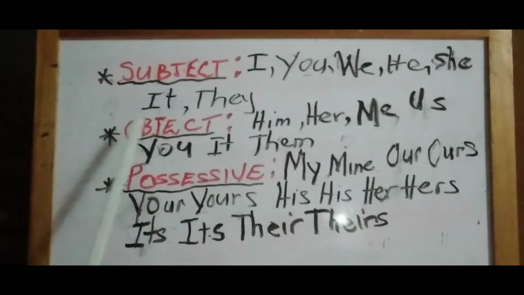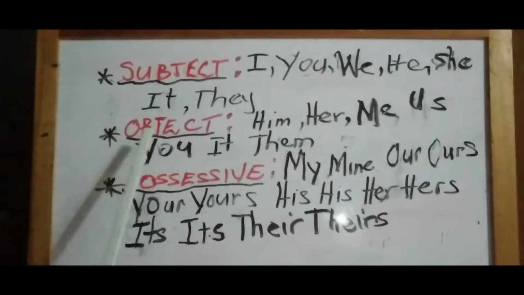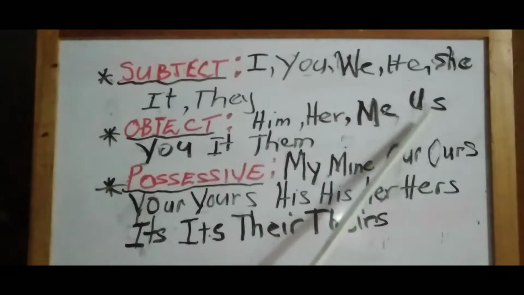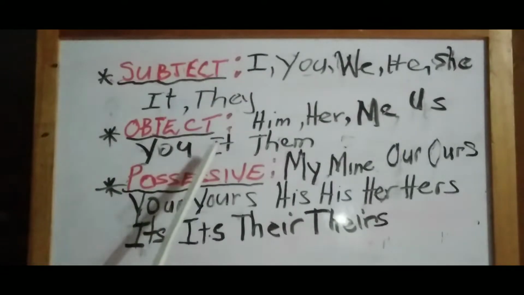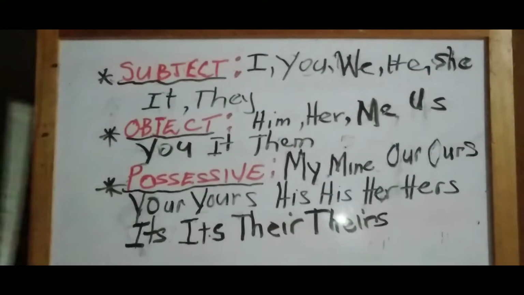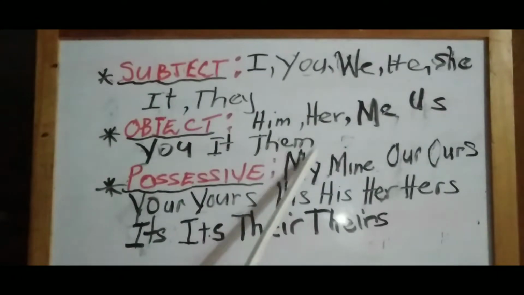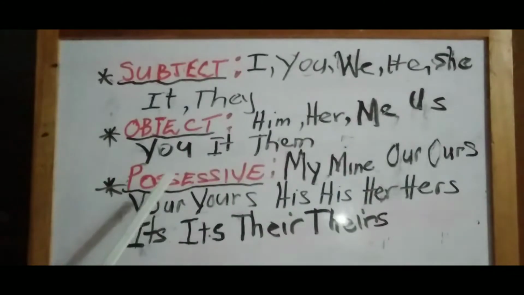Then we have the object category, and these are the pronouns that fall into that category: him, her, me, us, you, it, them. And then we have the possessive: my, mine, our, ours, your, yours, his, her, hers, its, their, theirs.